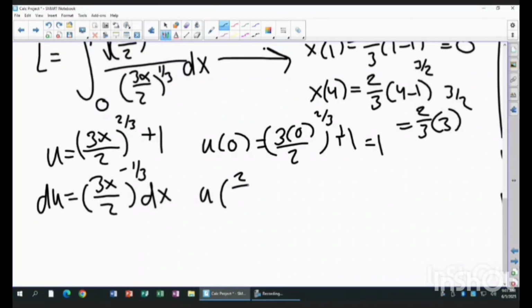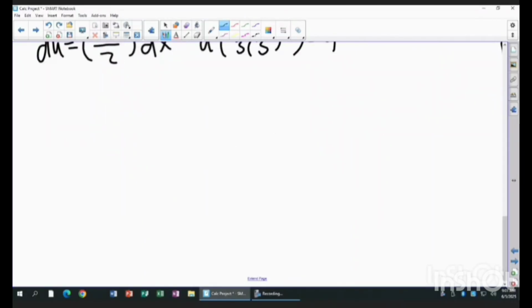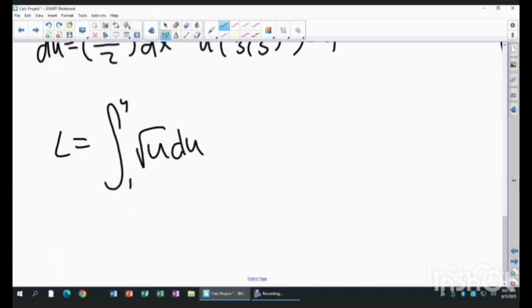U of 2/3 times 3/2 equals, it equals 4. Don't want to have to plug that all in. So now we have another new equation. L is equal to 1 to 4 rad u du.